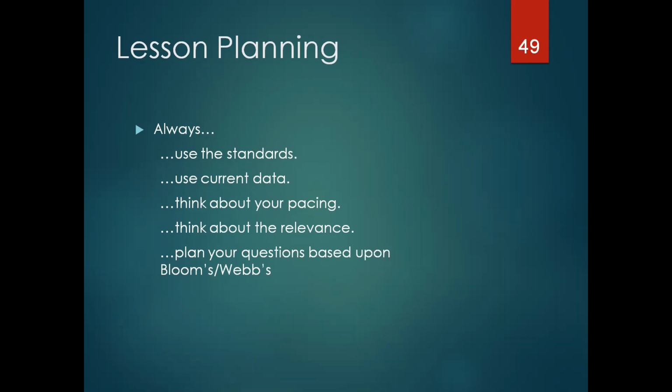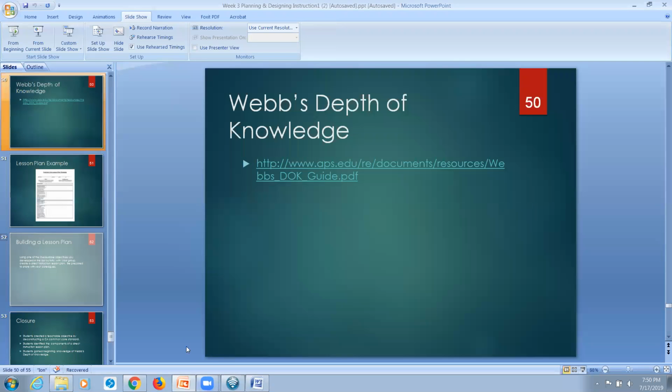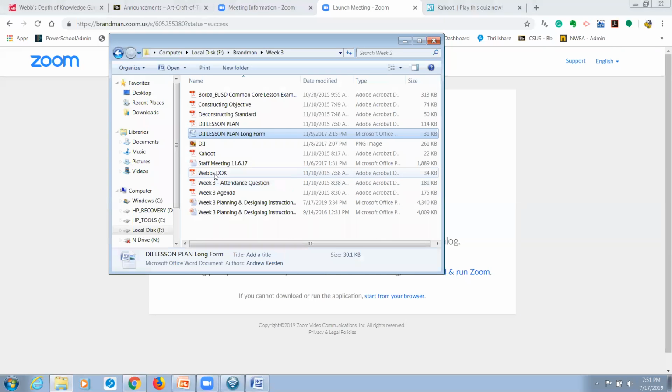Oh man, this is a big one. Let's spend a little time on this one. Plan your questions before you ask them. I can't tell you how many times I'll walk into a teacher's classroom and they're teaching and they ask questions kind of off the cuff, right? Let me find my Webb's depth of knowledge.